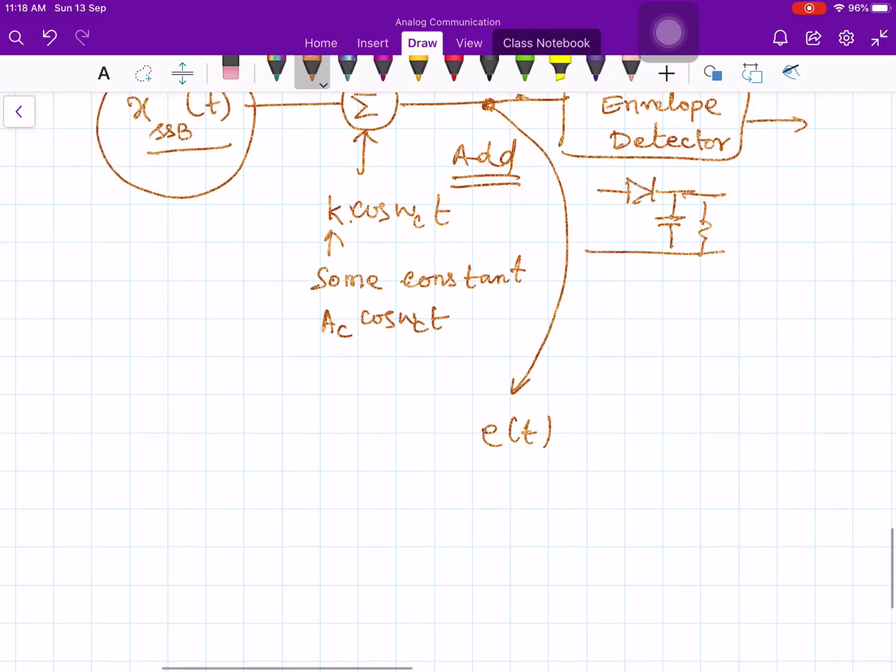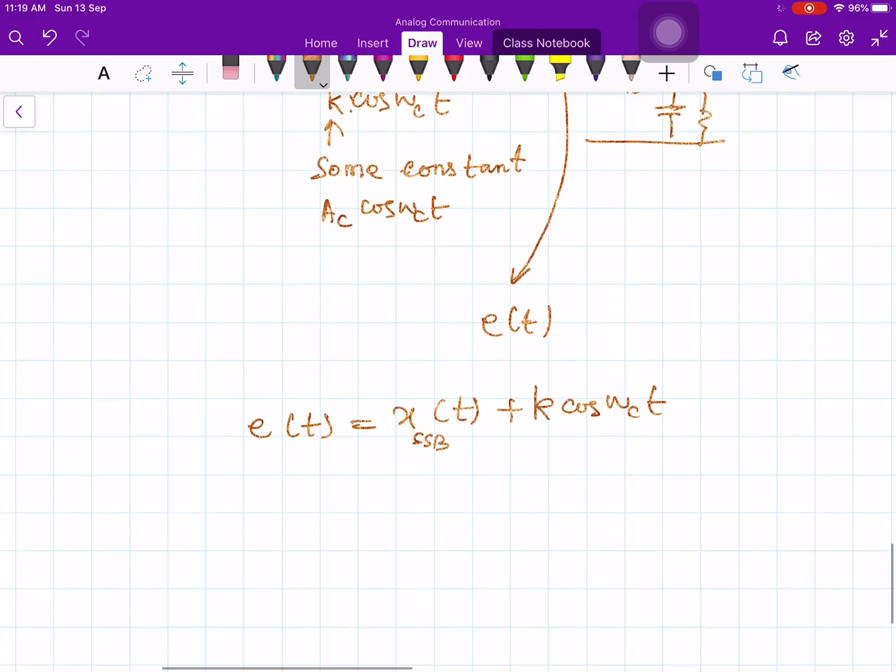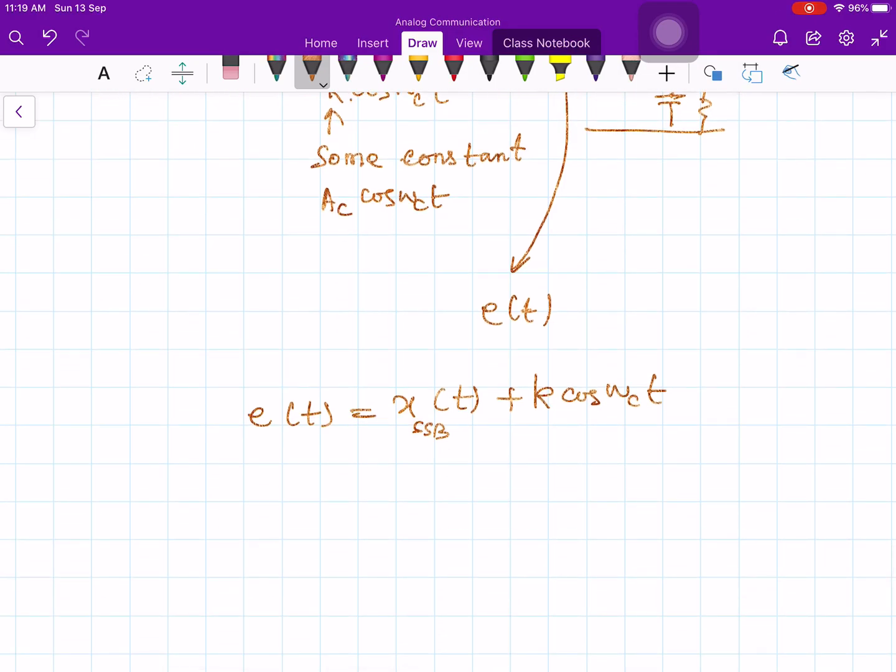Before that, what is my E of t? E of t is equal to X of t, incoming signal, plus your local carrier k times cos of omega ct. Now add these two guys. What is X of t? This is AC by 2 m of t cos omega ct.